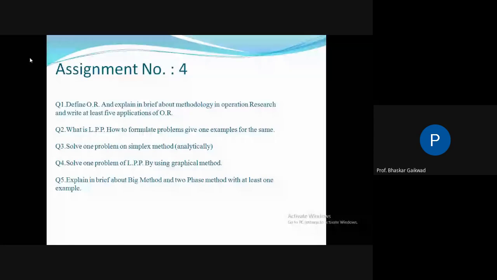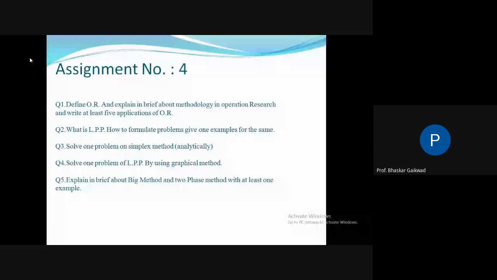Then explain in brief about the Big M method. The Big M method and the two phase method, with at least one example. Here again, two methods are there: one is the Big M method and the second is the two phase method. What are these methods, where can we use them, and for the related problems, you have to give at least one problem as an example.